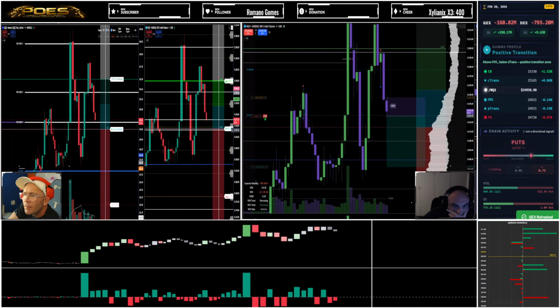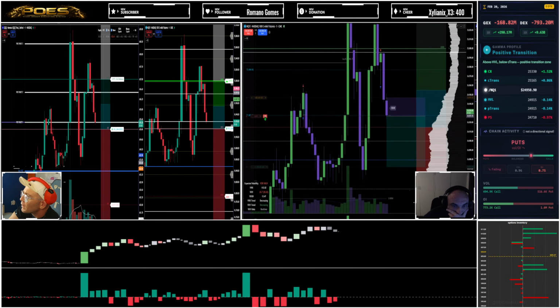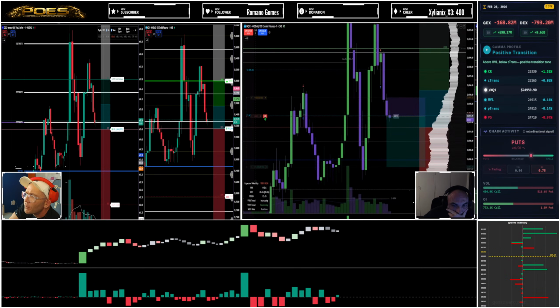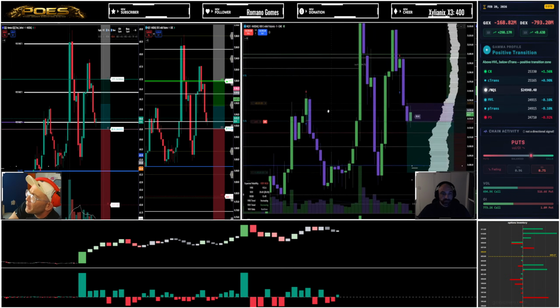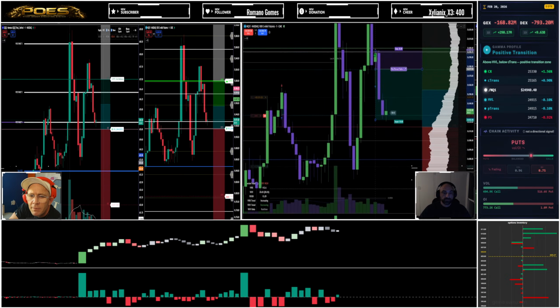The market wants to come down, 24,915. A lot of options stacked above, so kind of want to see it push back up a little bit, and then there's potential, but there's some negativity starting to come into the system.